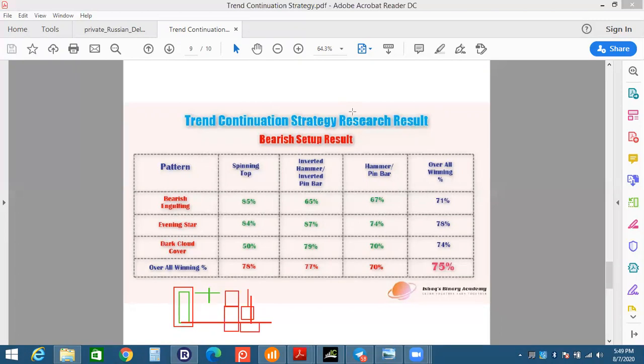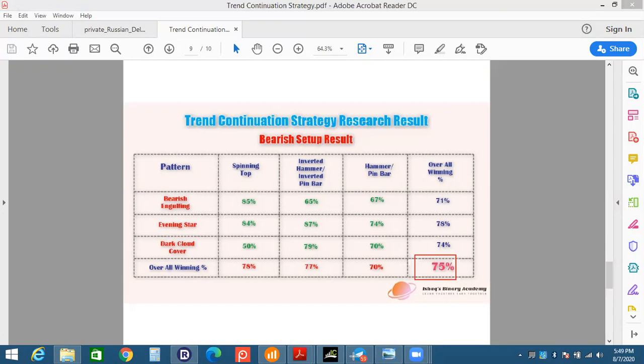Okay, and then evening star 84%, 87%, 74%, good results. Overall percentage is 75. And if you filter the trend, it will come to 85%. If you include the money management system, it will reach 90%.